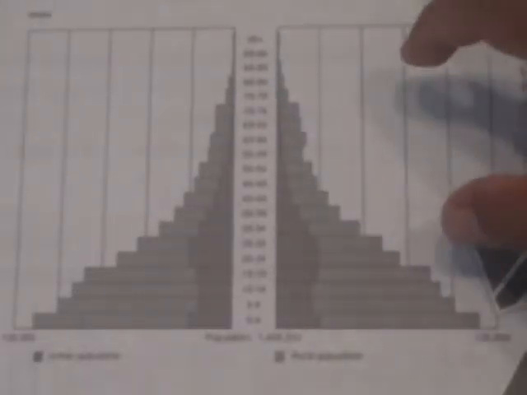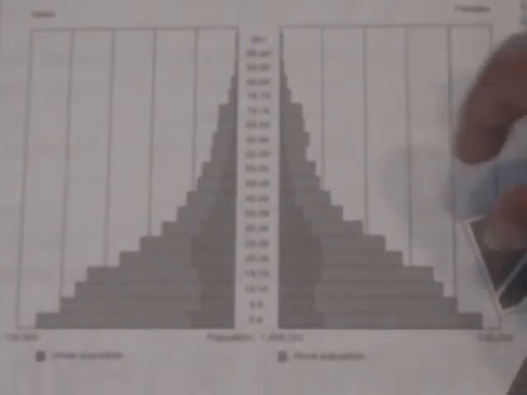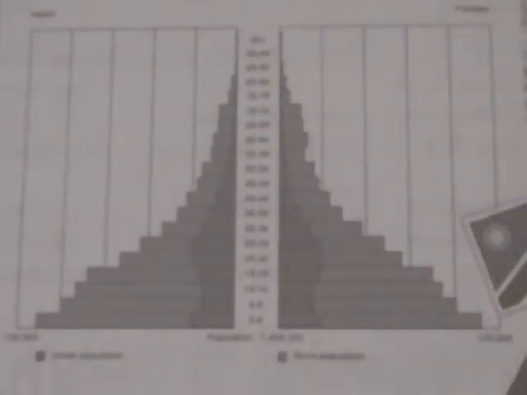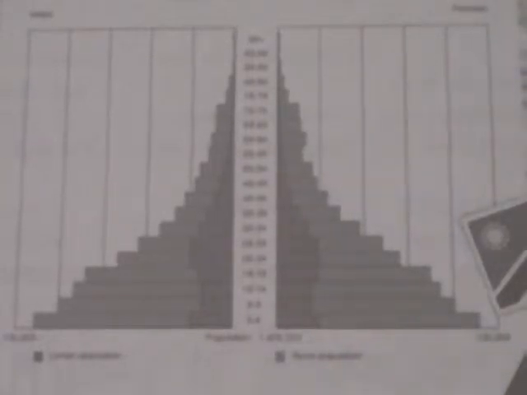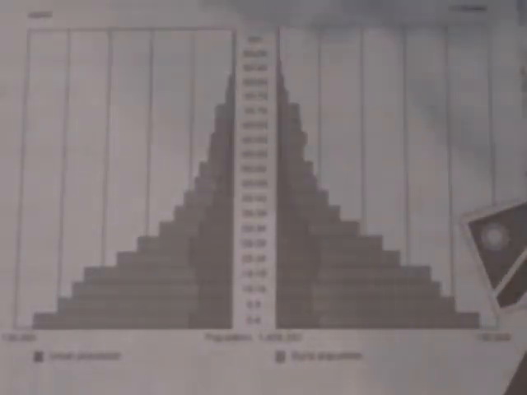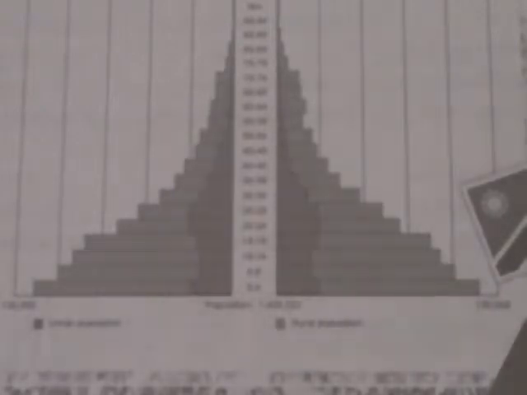In other words, you're having a high death rate. Why are these people dying? Could it be lack of medicine, lack of health care, even access to medicine or access to health care? These are some of the things that can explain why people are dying off. Why aren't they living longer?